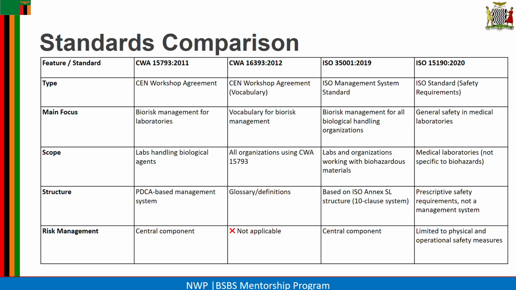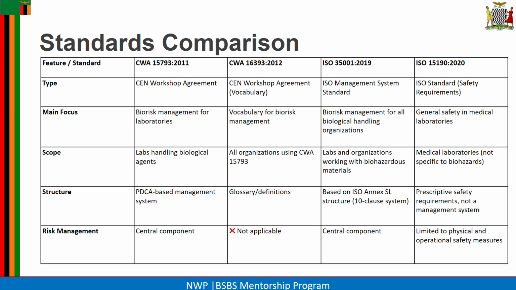But the only difference between 15793 and 16393 is that 16393 really isn't a standard per se. It's mostly an interpretation or vocabulary standard to 15793. Then both 35001 and 15190 are ISO standards, but 35001 is a management system standard, whilst ISO 15190 mostly is a safety requirement type of standard and not even a management system standard.